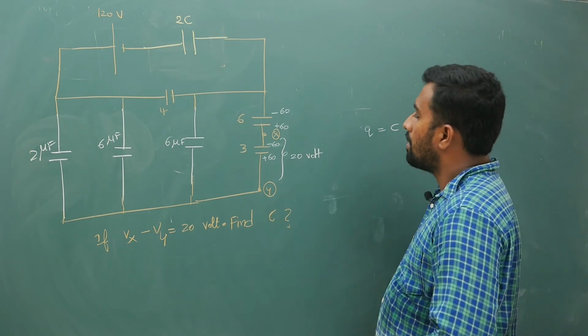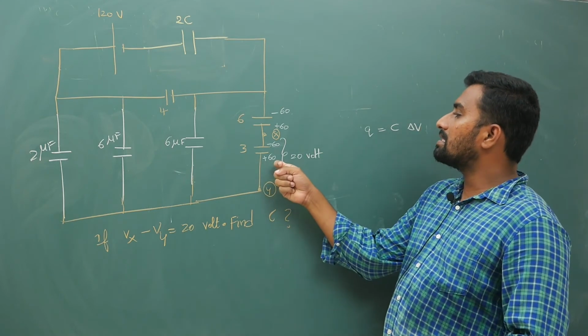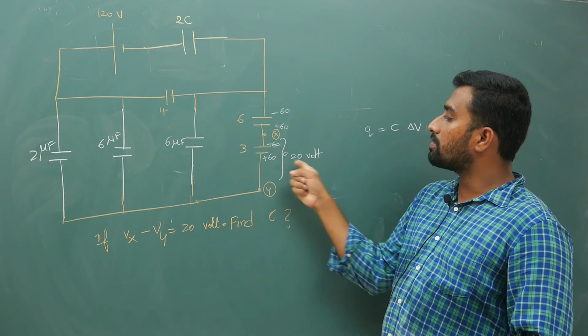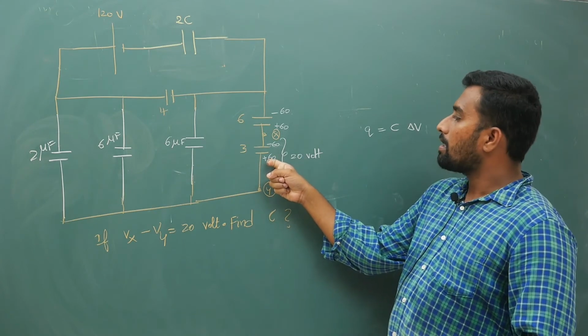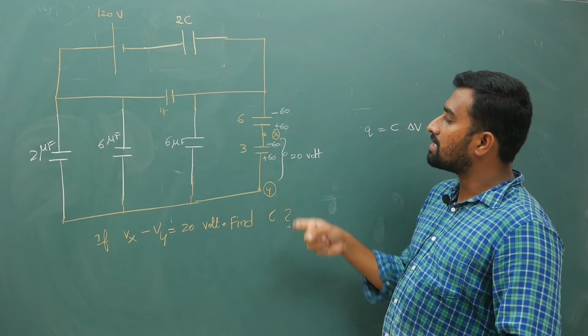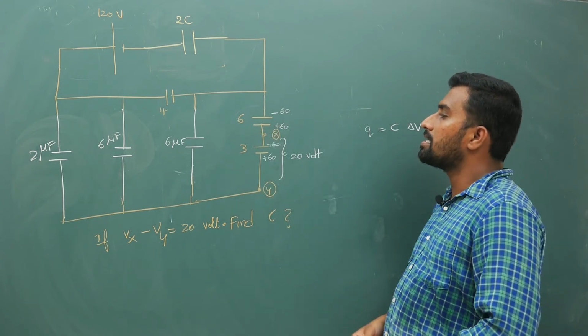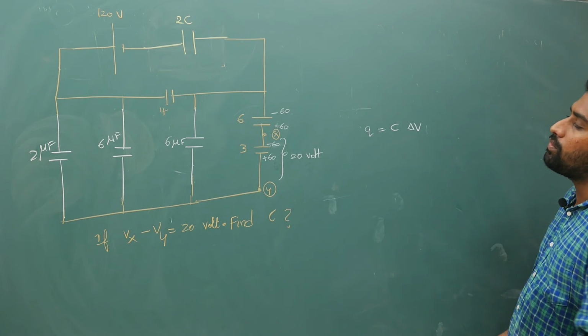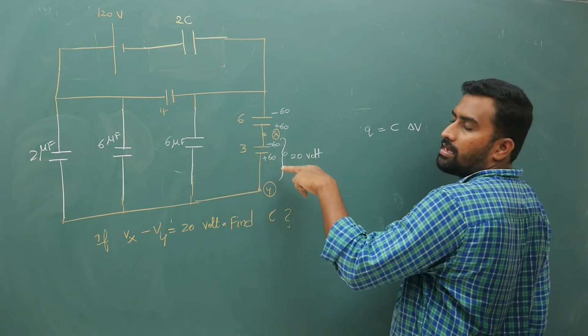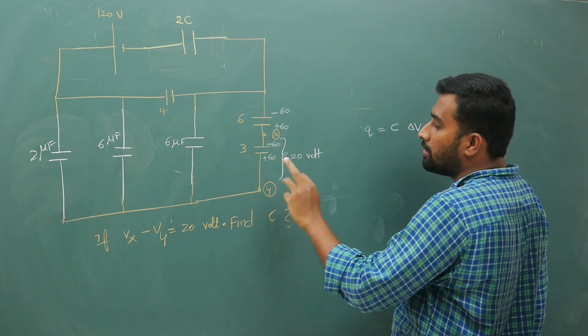Now why did I give this charge as 60? I am telling you once again, your charge is C into V, so 3 into 20 it is 60. And next here also it is supposed to be plus 60 and minus 60 because these two are in series. Now if you replace with equivalent, this 6 and 3 will be 6 into 3, 18, 18 by 9, 2.